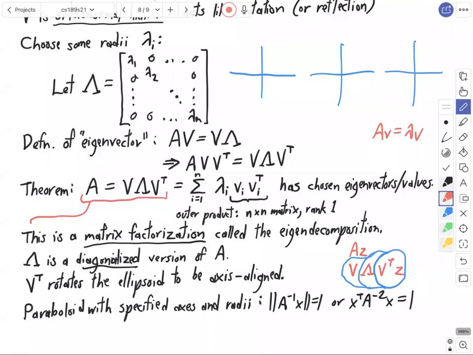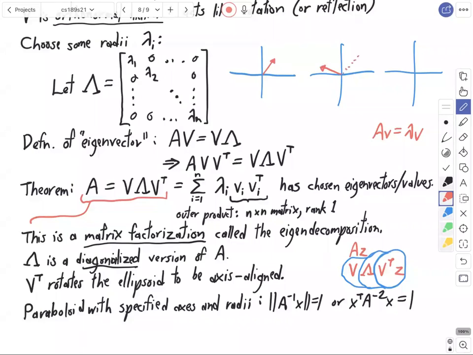I think the question might be what exactly the matrix V transpose is doing to your vector Z, if you can visualize that. Is that what you're asking, Lucas? Yeah.